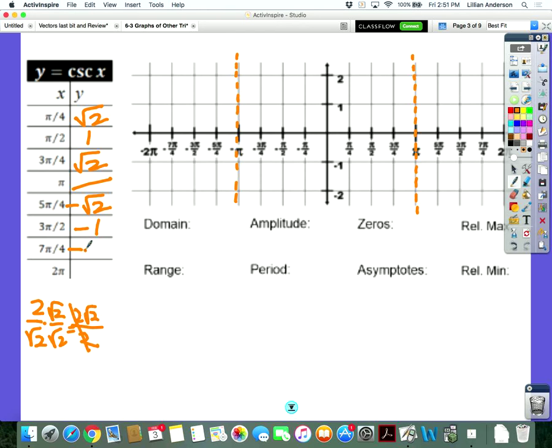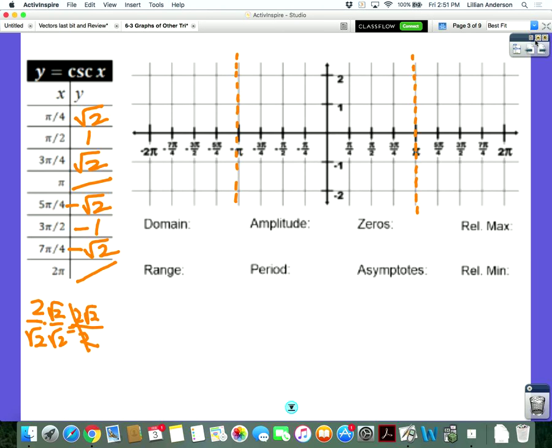When you flip it, negative root 2. And what about at 2 pi? Cosecant is going to be undefined, so we're going to have another asymptote at 2 pi, as well as 3 pi, 4 pi, 5 pi. What about over here in the negative?